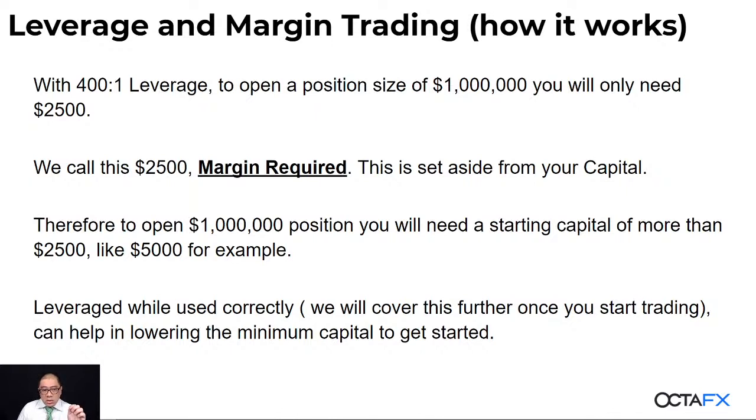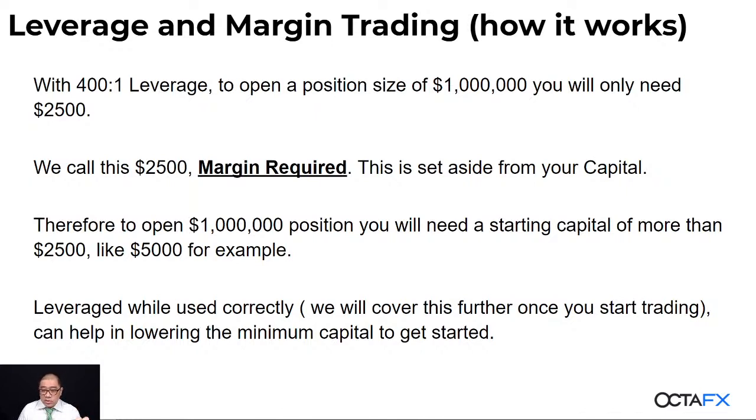All right, so if you open a $1 million position, you'll need a starting capital of more than 2,500, like 5,000 for example. That would cut into 50% of your margin anyway, but this is just an example on how leverage works and what margin is.